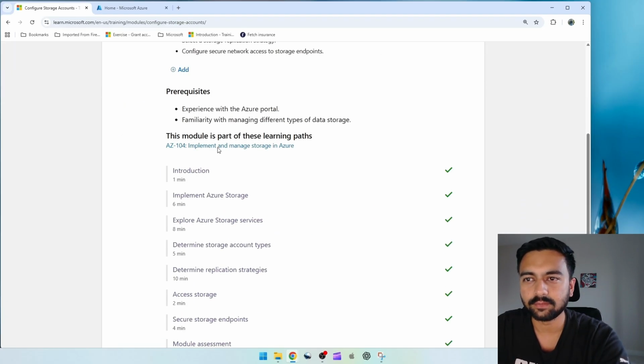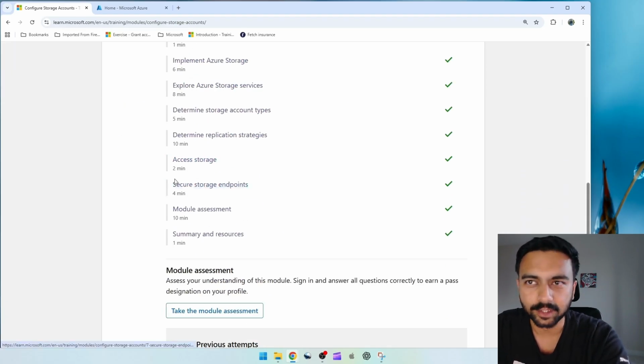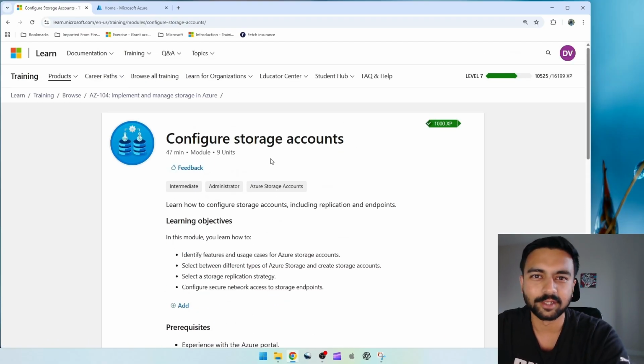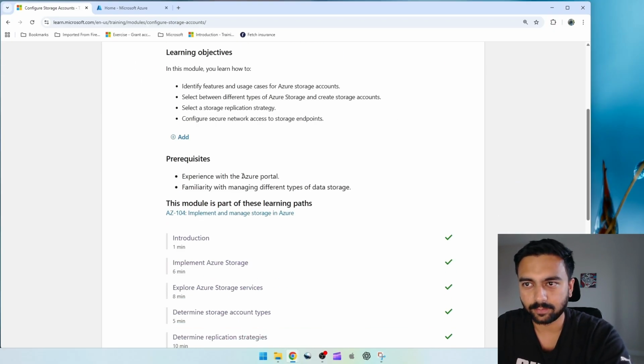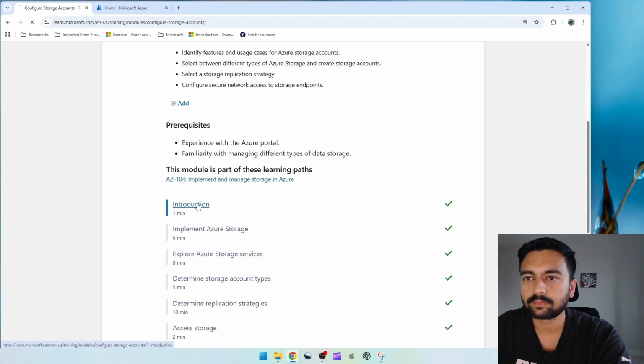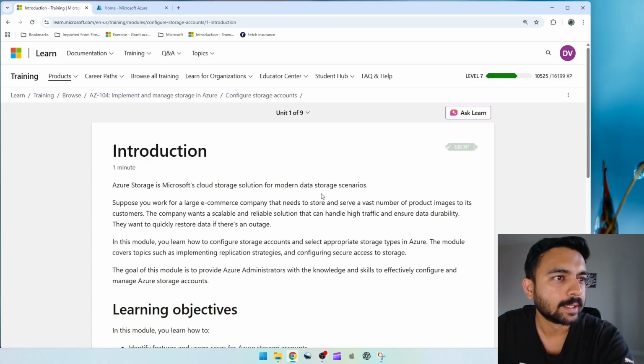It does give you an introduction on what you're learning, so you won't just jump into configuration. As you go, you do learn the basics of what these topics are. So let's jump in, I guess.